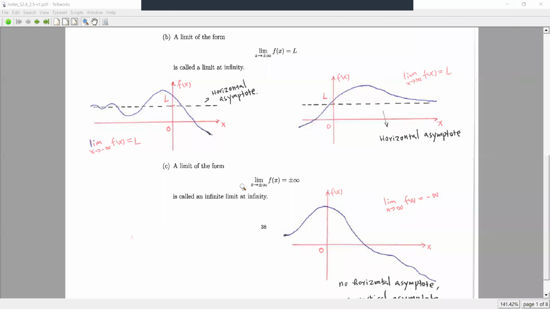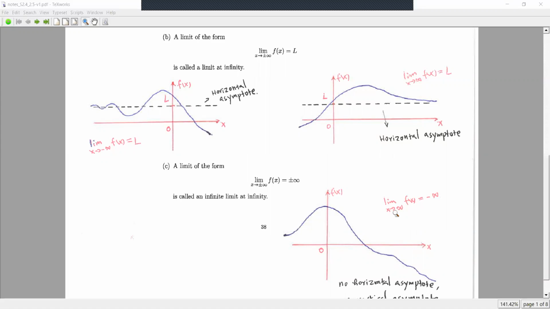C. If x approaches positive infinity or negative infinity, and the function approaches either positive infinity or negative infinity, then the limit is an infinite limit at infinity. Here is one example. This is an infinite limit at positive infinity.